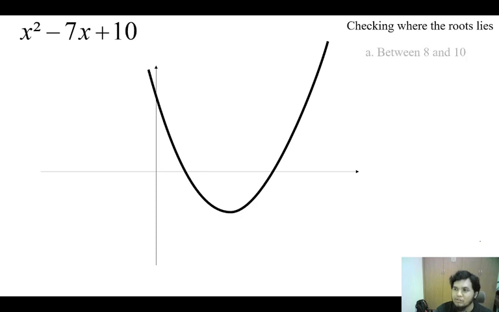For example, I want to check for roots between 8 and 10. I randomly pick 8 and 10, and I want to check whether a root lies between the two values I have picked.